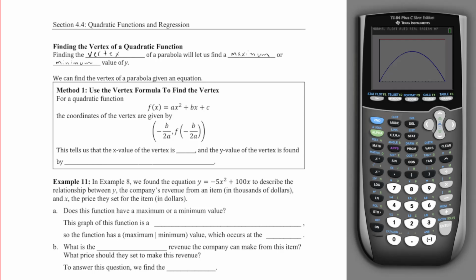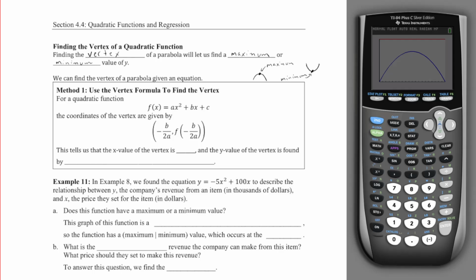If our parabola opens downward, then this point at the top is a maximum. If our parabola opens upward, then this point at the bottom is a minimum. We'll only ever have one or the other for a particular quadratic function, and we'll only ask you for the one that exists.